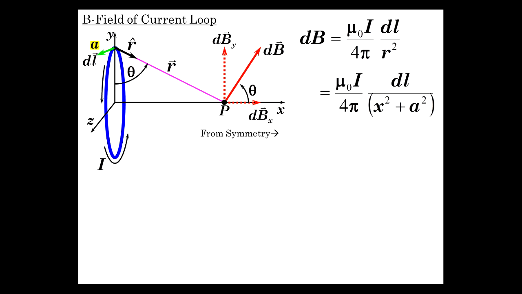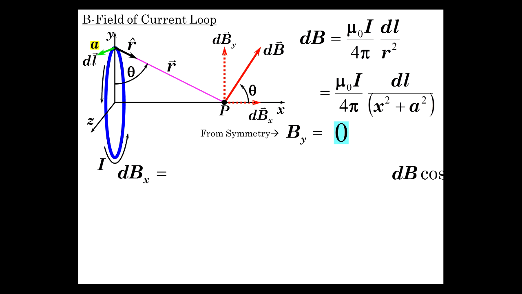Because of symmetry, if you think of analyzing every little dl along here, you can almost visualize this dBy. For every point over here, the dBy is going to be this way. So every point has a corresponding point, and they all cancel. So we get no B field in the y direction at point P.